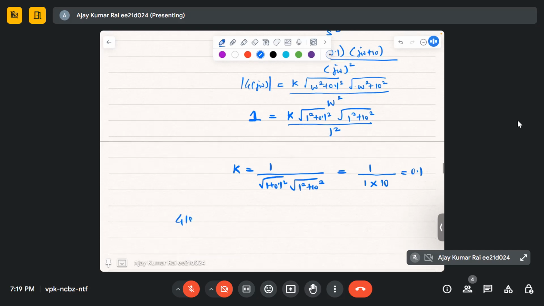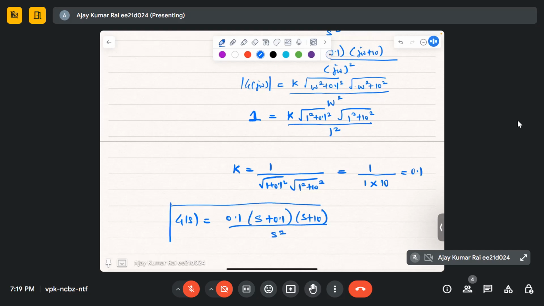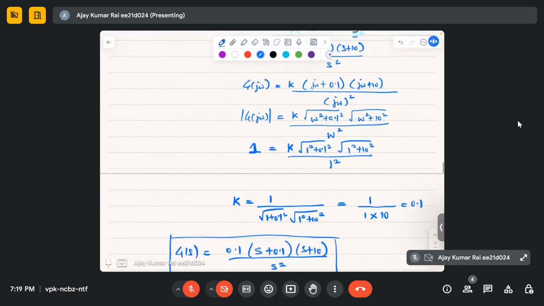So now the transfer function is 0.1 (s plus 0.1)(s plus 10) by s square. This is the transfer function, which is not asked in the question, but we are given enough information, we can easily find out the transfer function.